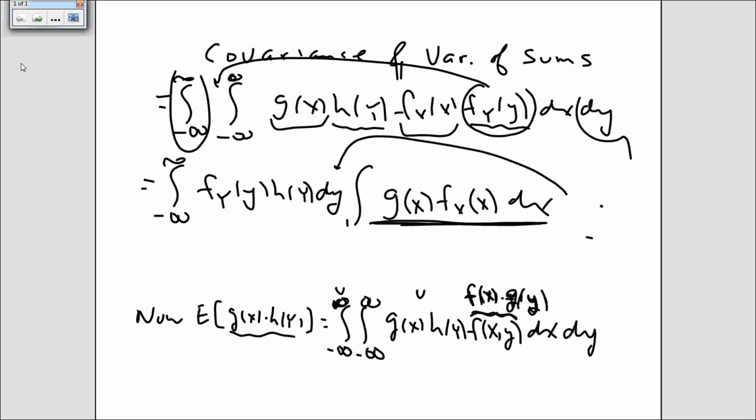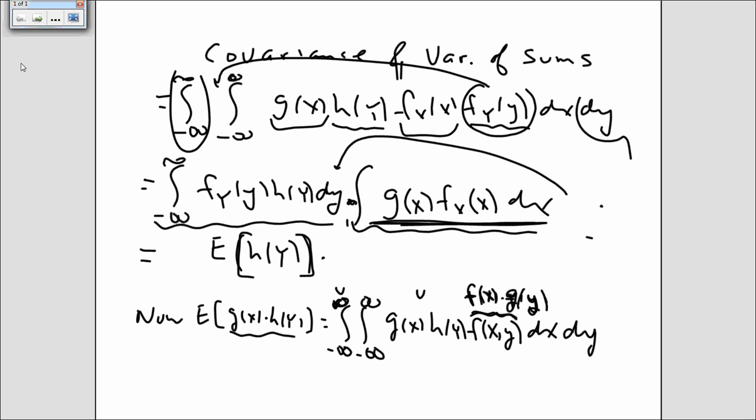Okay, and here's where this theorem comes together. That's nothing more than E of h of Y times this integral, which is nothing more than, let me write big brackets, the expected value of g of X. And there it is. 100% definitions.